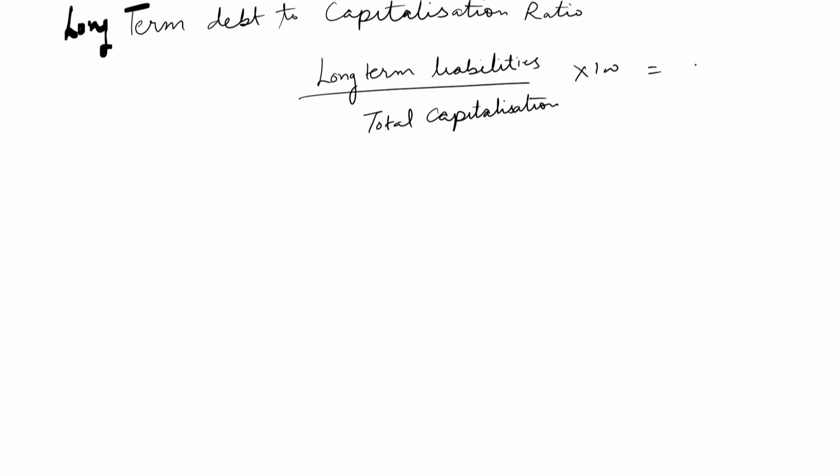Long term liabilities in the question is 3,50,000 and the total capitalization is 13,50,000. This ratio comes to 26%. It implies that the company has more reliance on equity source of capital for financing its different assets.